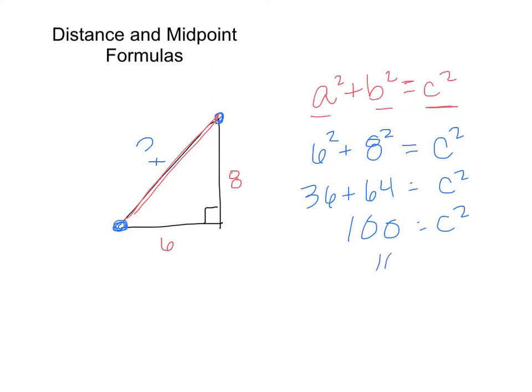So we can say that c is 10 by the symmetric property of equality. So that means the distance between those 2 points, this distance right here, is 10. Now normally when we take the square root of both sides, we use the positive and the negative case, but since we're not going to have a negative distance, we're good, and we can say that the distance between those 2 points, or the hypotenuse of that triangle, is 10.